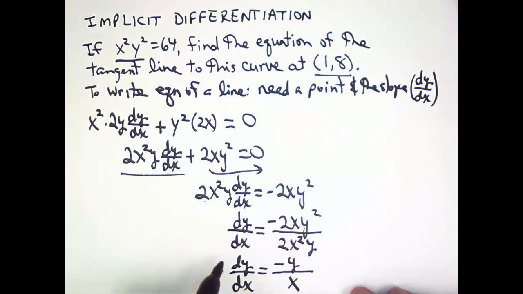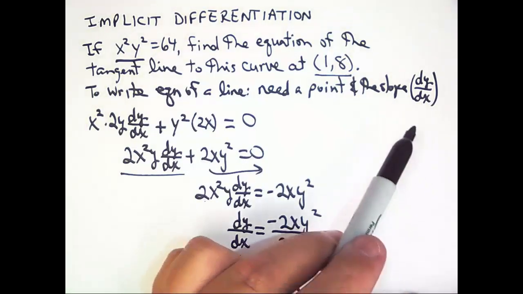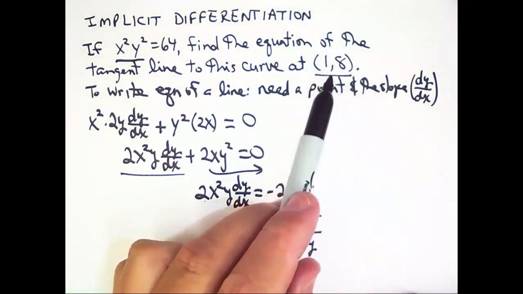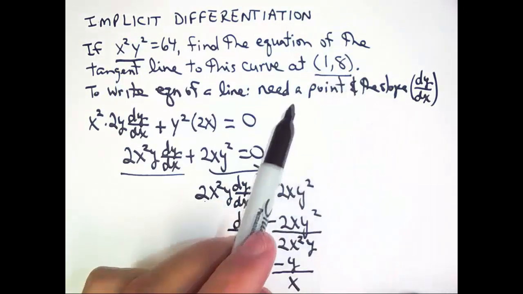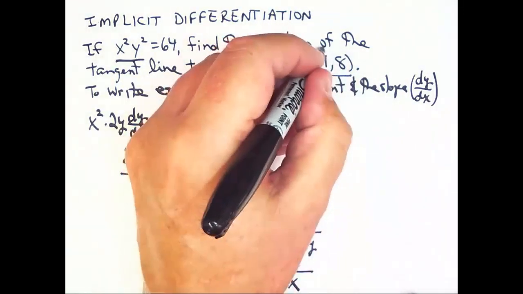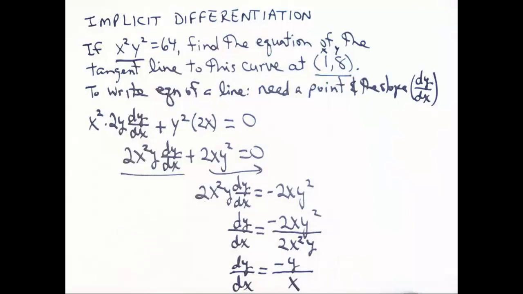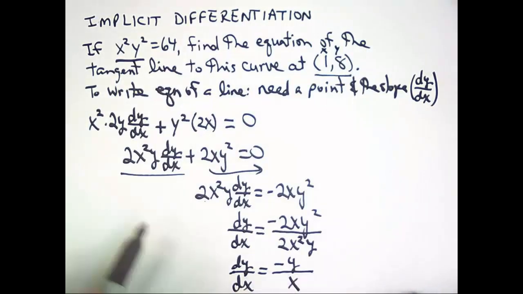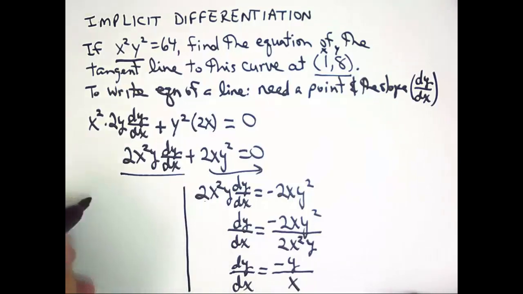Now that's the derivative of y with respect to x, but we want the slope at this point right here. So we have to actually take this value of x, which is 1, and this value of y, which is 8, and plug them in here so we'll be able to solve. So let me move over here.